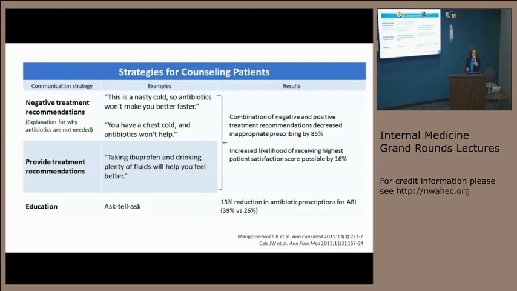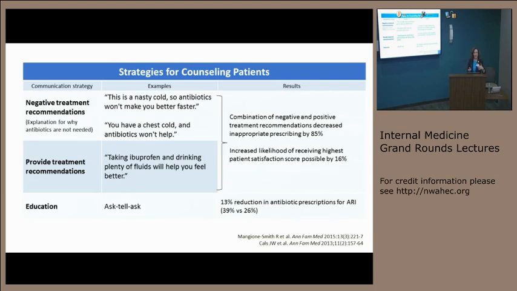And then a couple of other tips are to combine negative treatment recommendations with positive treatment recommendations. When you discuss with the patient that you think they have a viral illness and that antibiotics won't help, tell them something they can do to help, even if it's an over-the-counter medication, even if it's taking ibuprofen or taking plenty of fluids.